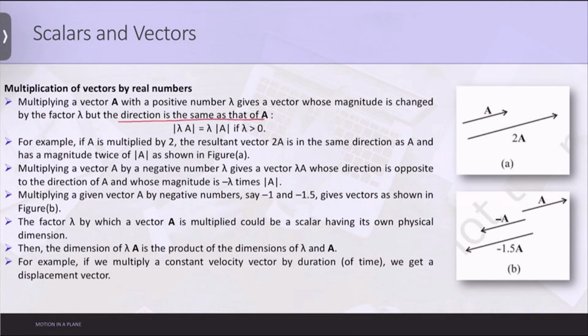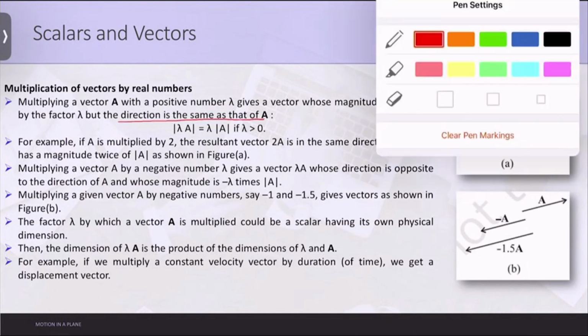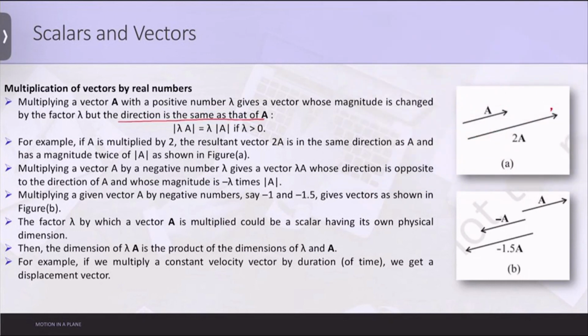What is basically happening? Let us say we have a vector A. We multiply it by a positive number 2. The length of this vector gets changed to 2A. Let us take the length of this to be L, and the length of this will be equal to 2L.